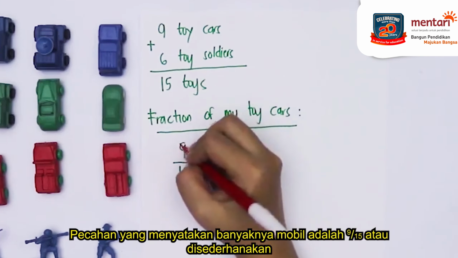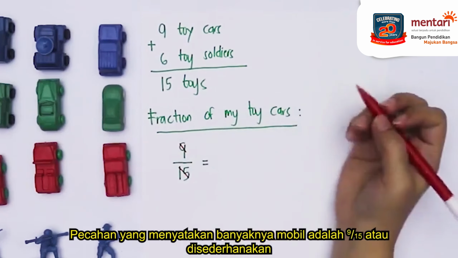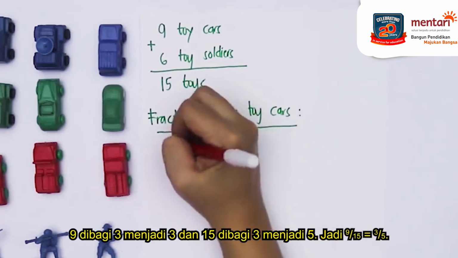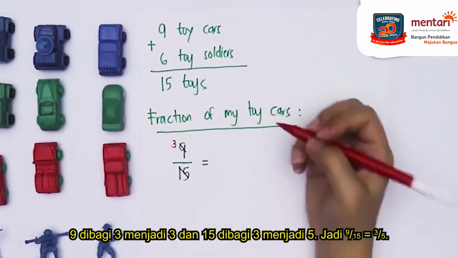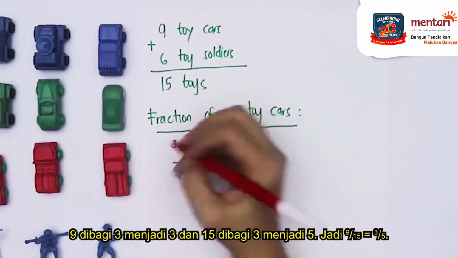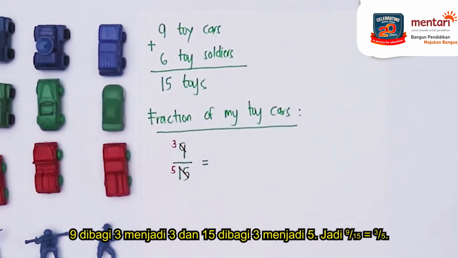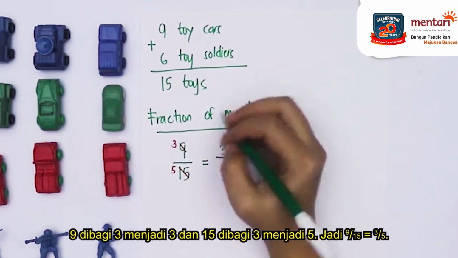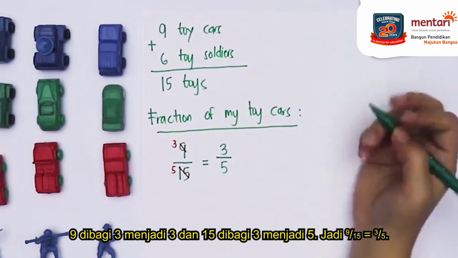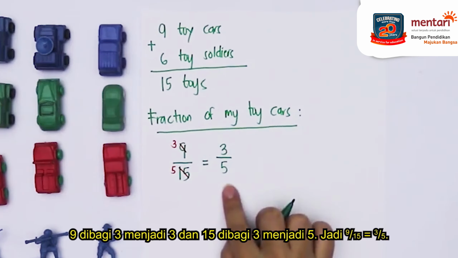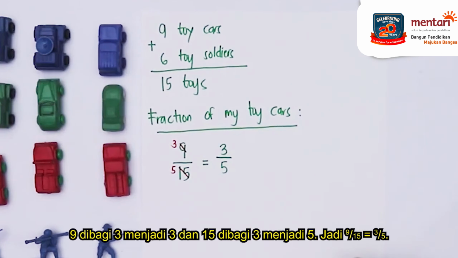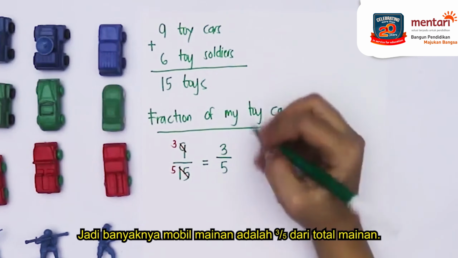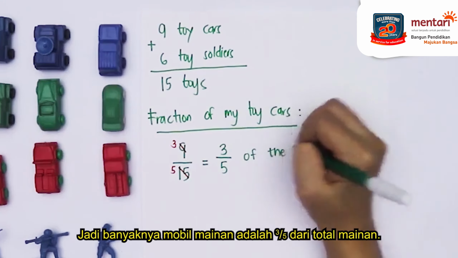We can divide them by 3. 9 divided by 3 will give us 3. 15 divided by 3 will give us 5. Therefore, 9 out of 15 is equal to 3 out of 5. Is this in simplest form? Yes. Therefore, the fraction of my toy cars is 3/5 of the toys.